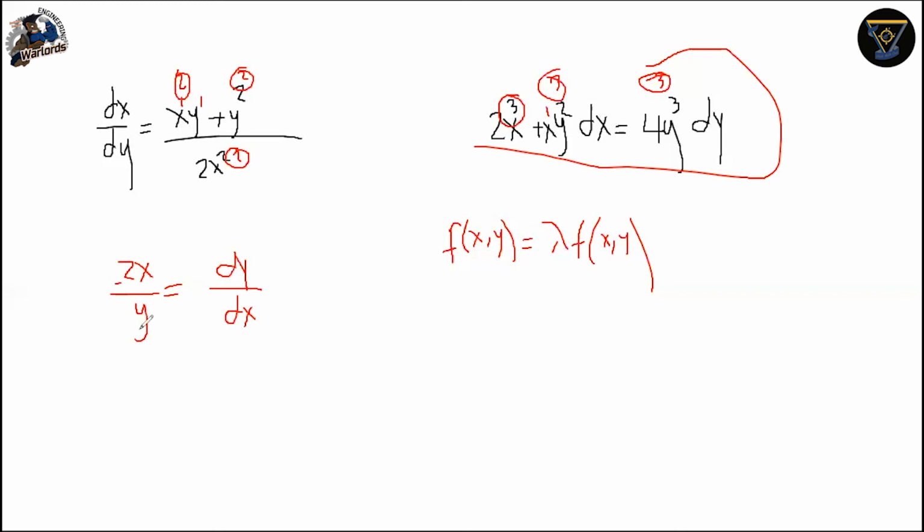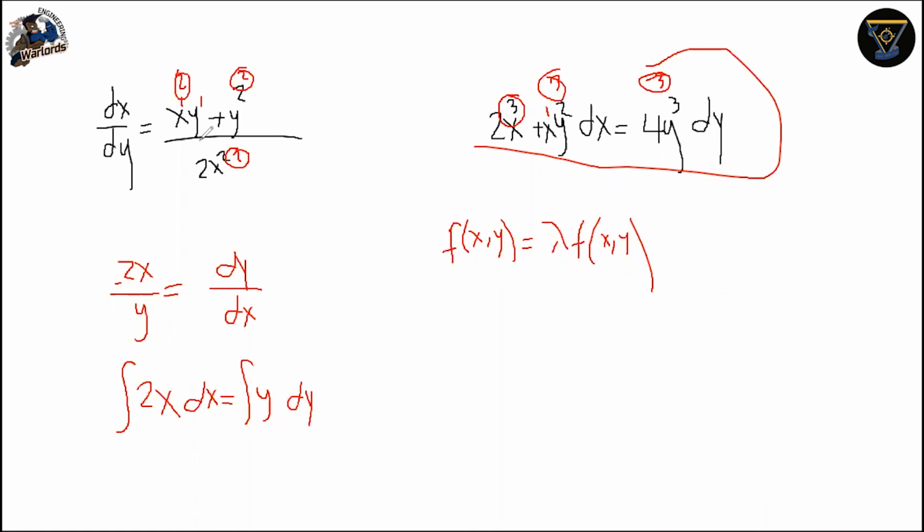If we cross multiply, we're going to have 2x dx is equal to y dy. You realize that all the x's are on one side and all the y's on the other side, so therefore it's variable separable. So the only thing you have left to do is just to integrate. So that's how you know if it's variable separable.